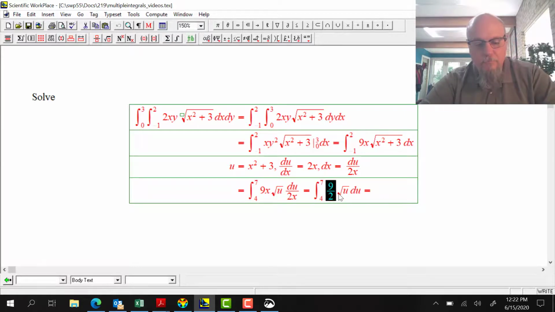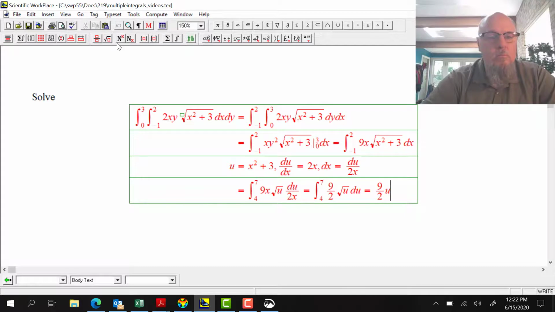So I'm going to get, add 1 to the exponent, divide by 3/2, that's the same thing as multiply by 2/3. If I multiply by 2/3, then this just becomes a 3. And I don't have to substitute back now.